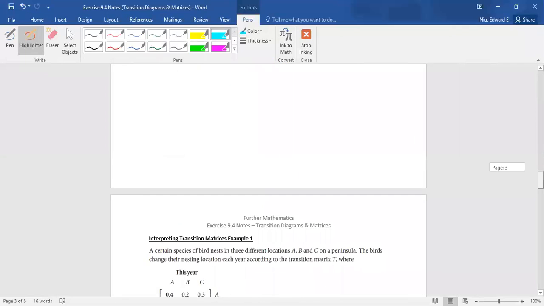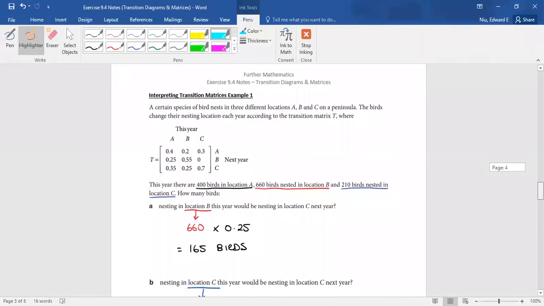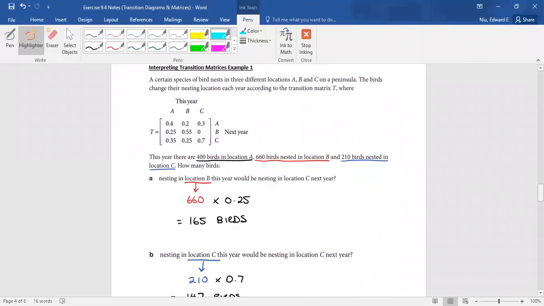So the next part is, can you actually apply these transition matrices to a real life example? So if we're talking about a certain species of bird nesting in 3 different locations, A, B, and C on a peninsula, the birds change their nesting locations each year according to the transition matrix, where if a bird stayed in location A, there's a 40% chance, or yeah, 0.4 is 40%, of them staying in location A the next year.